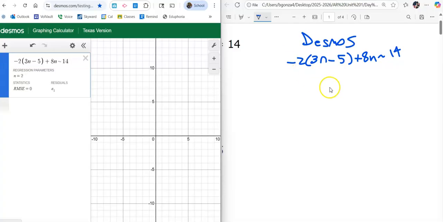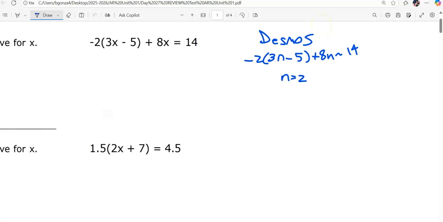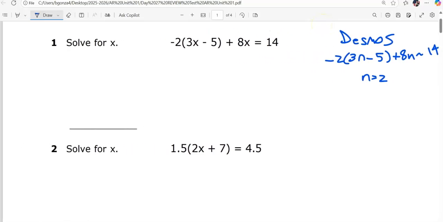So I got 2 under parameters, n equals 2. So the answer I get here is 2. But if you're going to solve it by hand, you would distribute. -2 times 3 is -6x. -2 times -5 is +10.